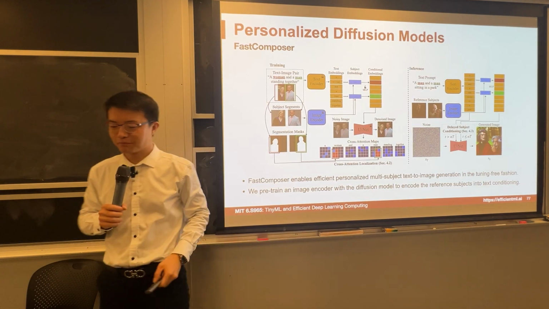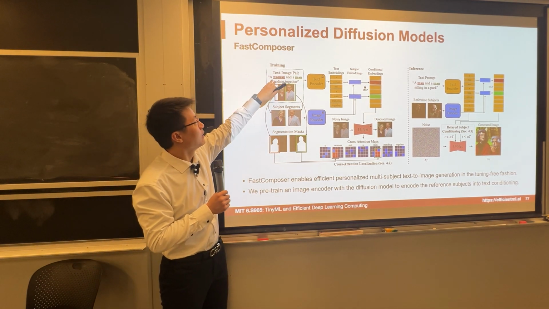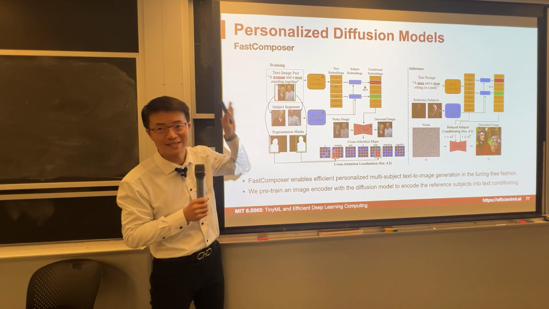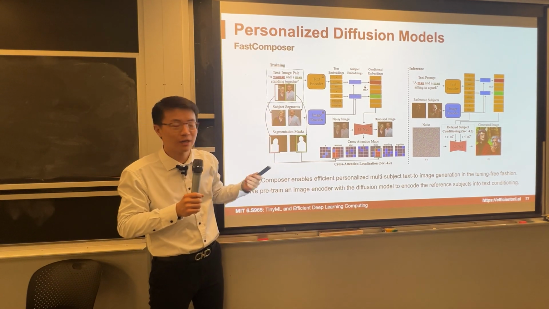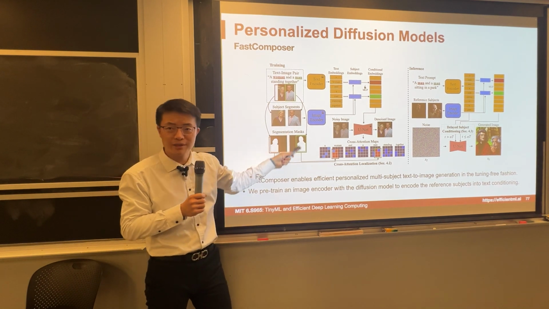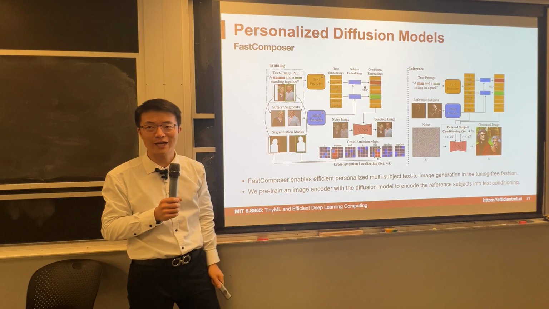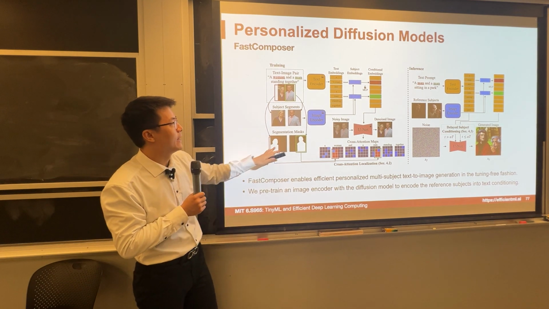How is that achieved? It looks a bit complicated, but let's walk through it. A woman and a man standing together. We first take a picture of the two subjects and find a segmentation mask. This can be easily obtained using auto annotation tools, for example SAM.